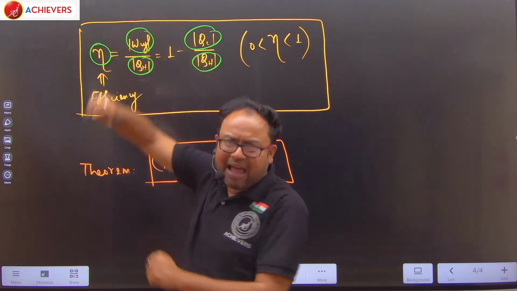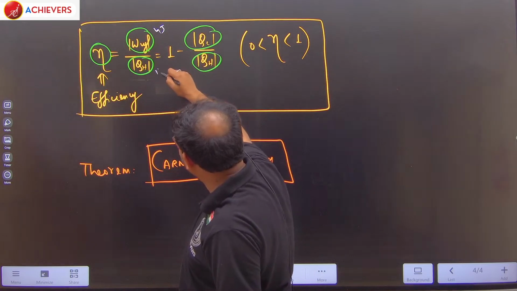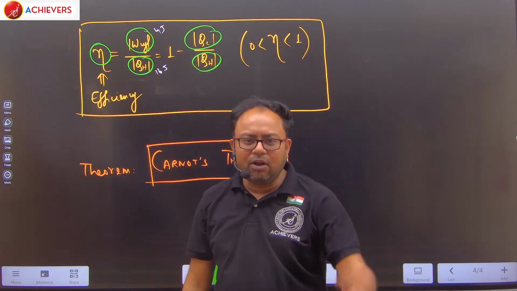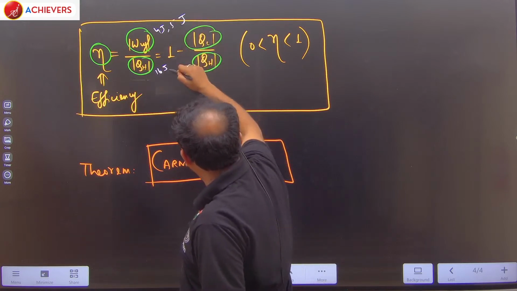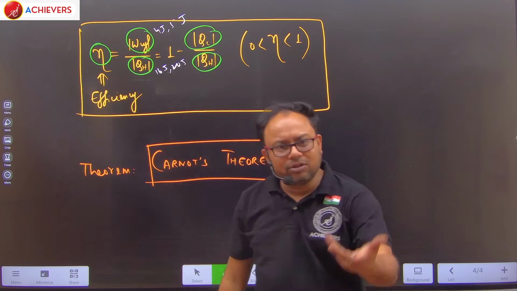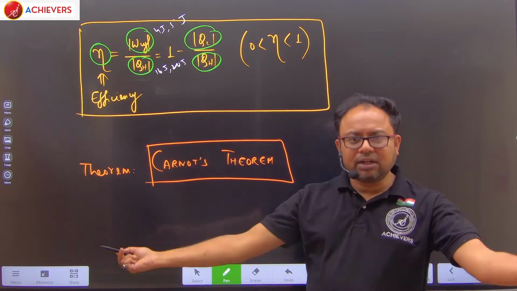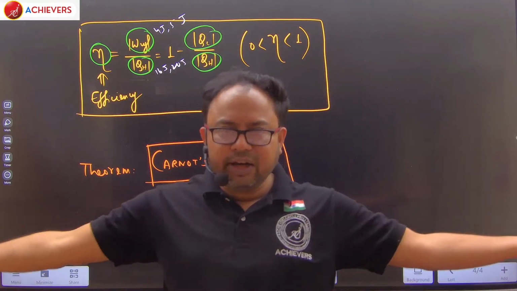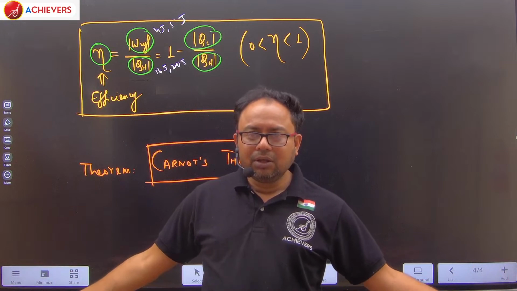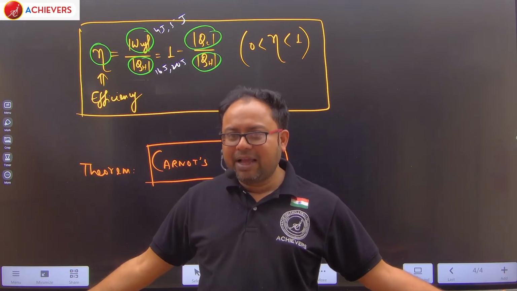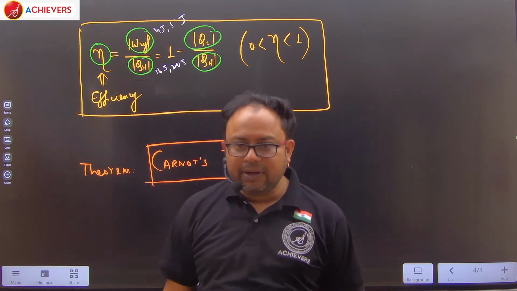Suppose the value of W cyclic is 4 joule and the value of QH is 16 joule, then the value of eta is 1 by 4. If it is 5 joule and 20 joule, then also it is 1 by 4. So what's the difference? You don't find any difference. Thereby you can say that eta is independent of mod W cyclic and mod QH.